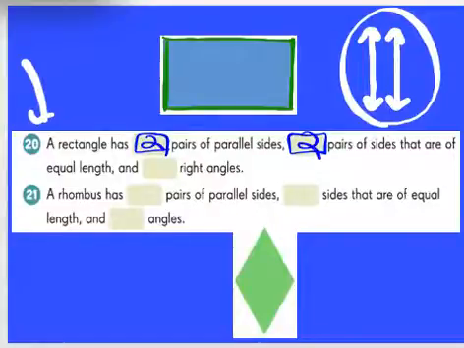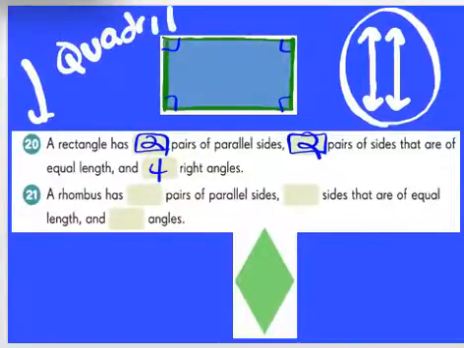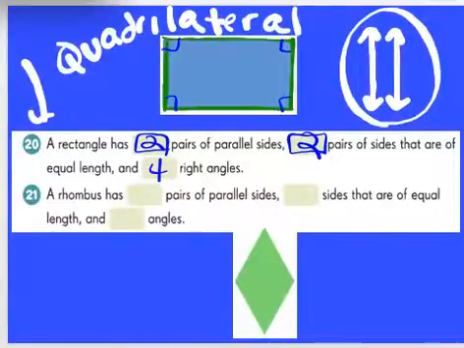So there's two pairs of sides that are equal too. And how many right angles? I see one here, one here, one here, and one here. And it makes sense that there are 4 right angles because this is technically a quadrilateral. Rectangles are under the umbrella of quadrilaterals, which we know have 4 sides and 4 angles.